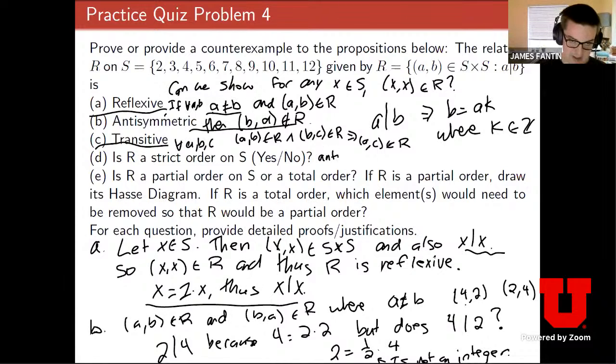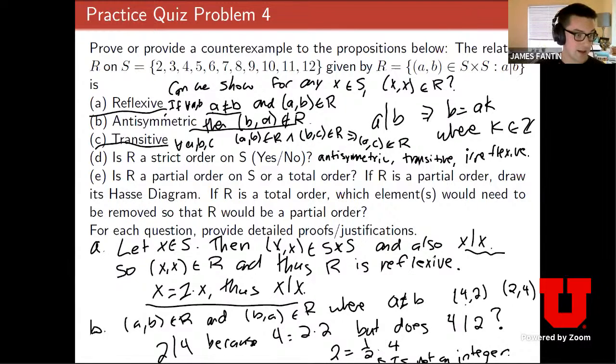Yeah, so it needed to be antisymmetric, transitive, and irreflexive. Somebody says it requires irreflexive, so it's not a strict order. That is the perfect idea. It is not irreflexive, and the reason is because it, in fact, is reflexive.